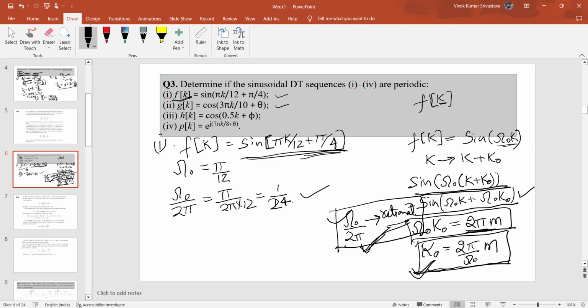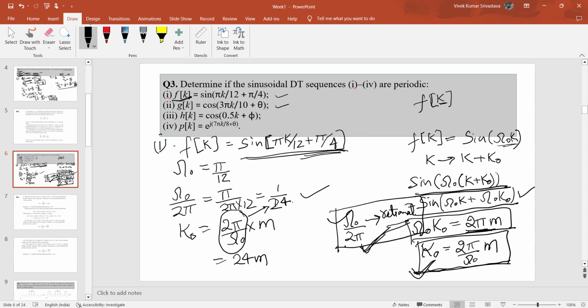Now let us find the fundamental time period of this signal, which is k equals 2 pi by rho naught into m. This factor we have already determined, so this will be equal to 24m.